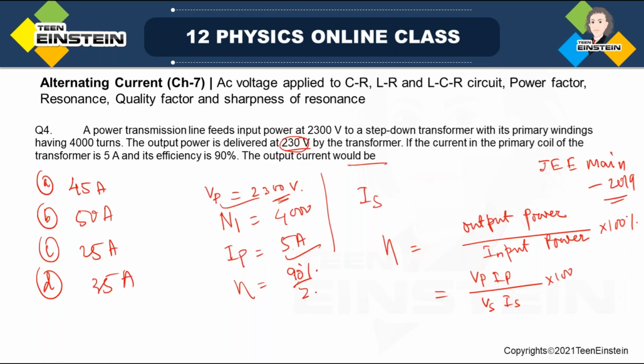So we have already calculated the answer, VSIS by VPIP, and the 45 ampere will be the answer.